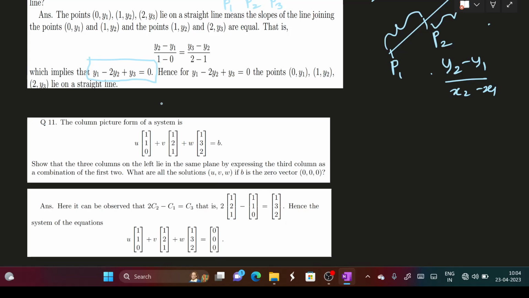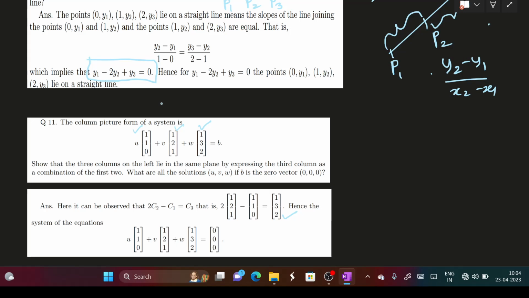Observe here, this vector is equal to this vector times 2 minus this vector. So how much am I getting here? This is multiplied with 2, so 2 minus 1, it is 1. 4 minus 1, it is 3. 2 minus 0, it is 2. So I got this.